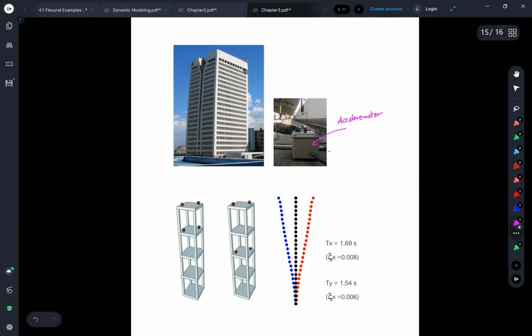For example, this building is a landmark concrete building, and I think the height is something about 30. We have the period of 1.6 along the x direction, and 1.5 along the y direction. The damping is very interesting. The damping ratio along the x direction is only 0.08.